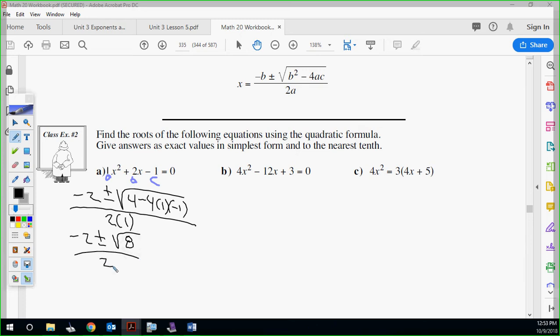Now, who remembers what this means? That's from Unit 1. What does exact value mean, Pearl?